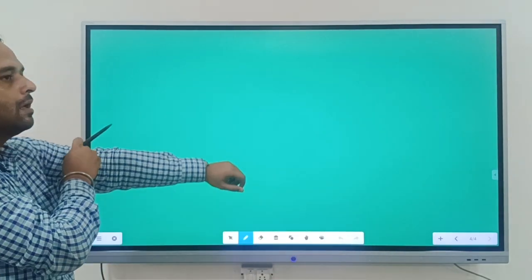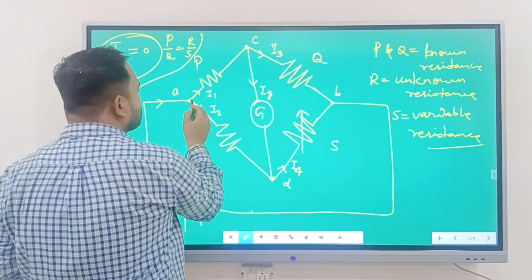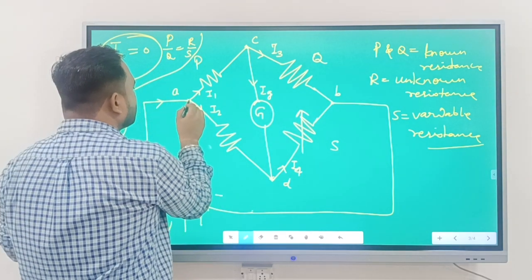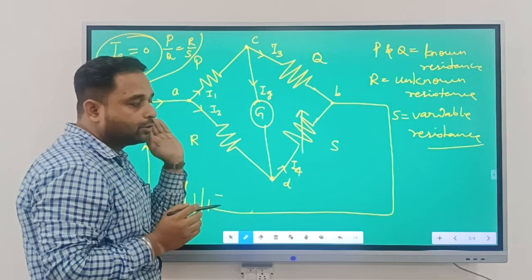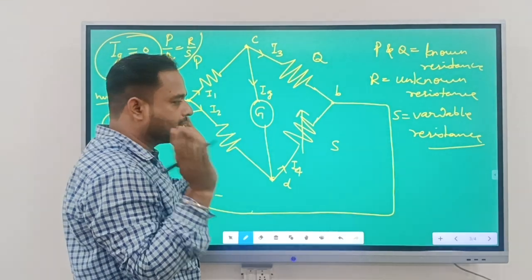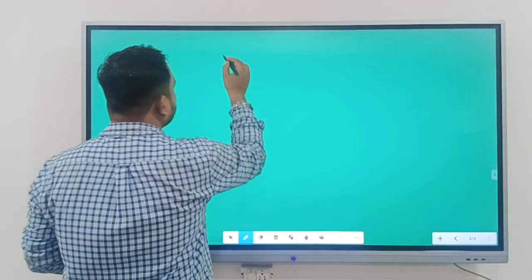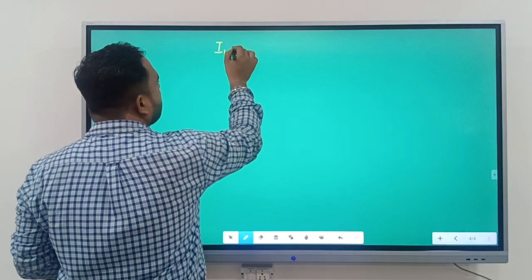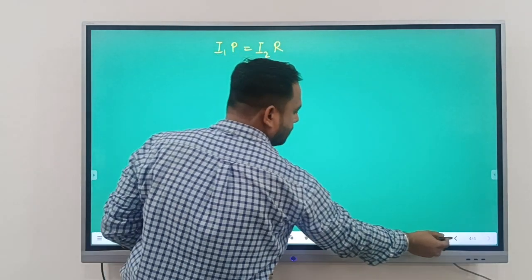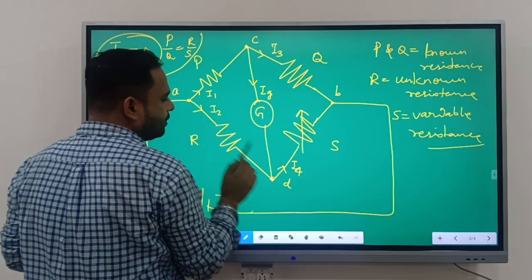Next, let me check here. I1 is flowing through this, I2 is flowing through this. I1 P is equal to I2 R, right?